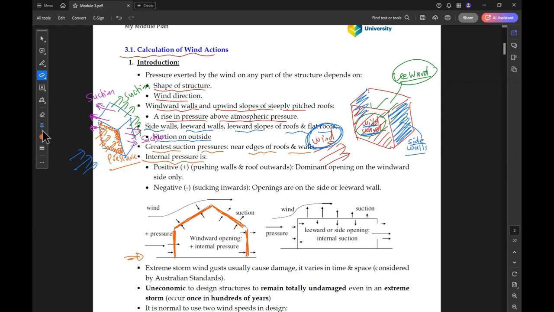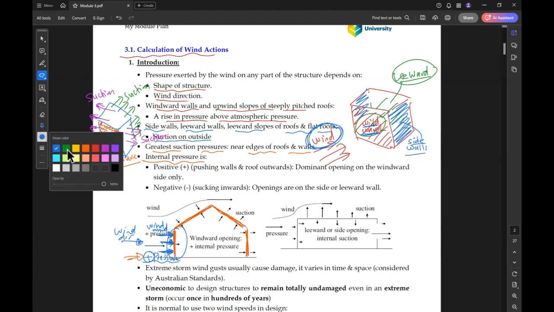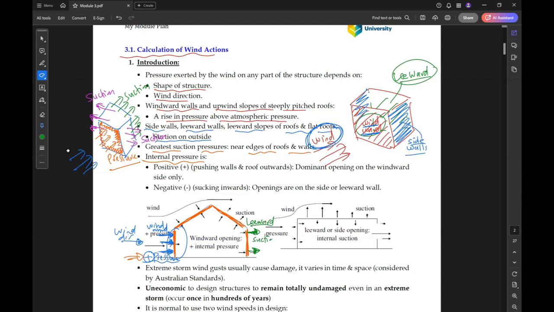So from outside, as you can see here, if the wind is coming from this direction, what is the type of this wall? Windward. This windward will be under pressure. And the pressure in our case takes the positive sign. So the positive sign is for the pressure. The other wall is called leeward wall, and it will be under suction.